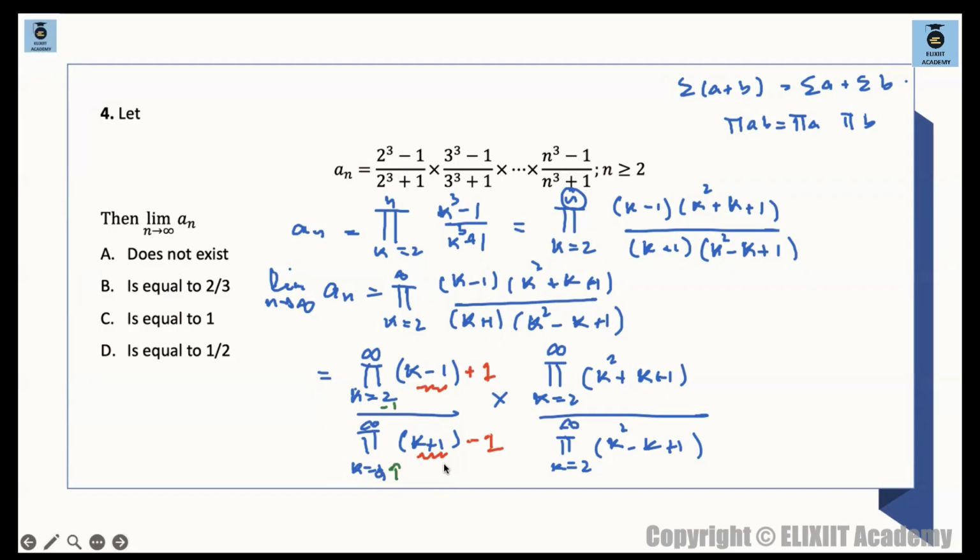So this will convert itself into the product of k, with 2 minus 1 so that it now starts from 1; the new limits are from 1 to infinity. Divided by the product of k, where similarly here you are reducing k by 1, so you increase the limit by 1, and this will start from 3 to infinity of k.